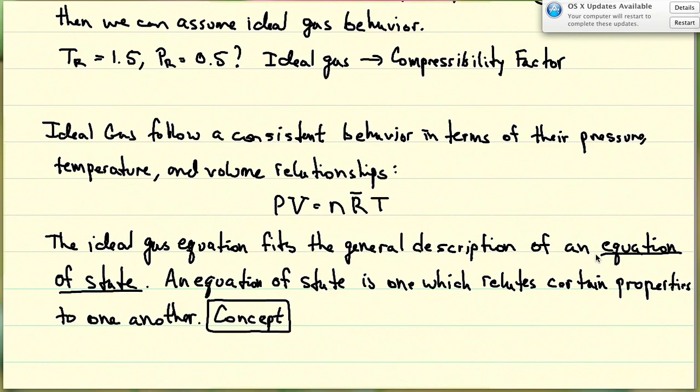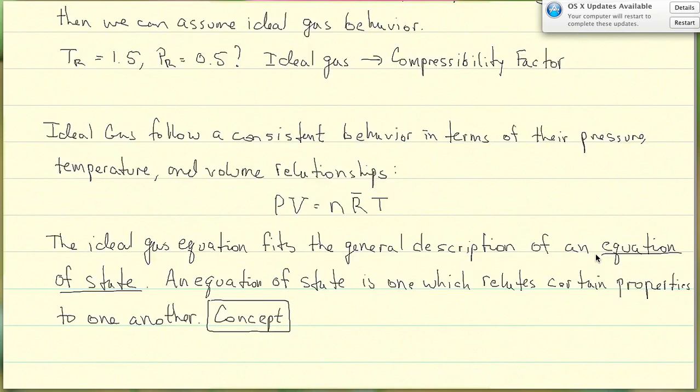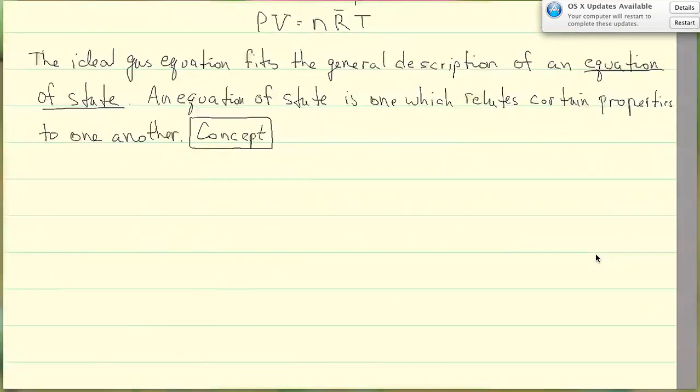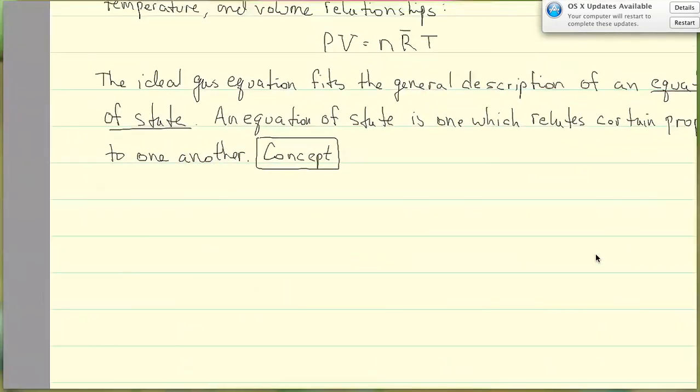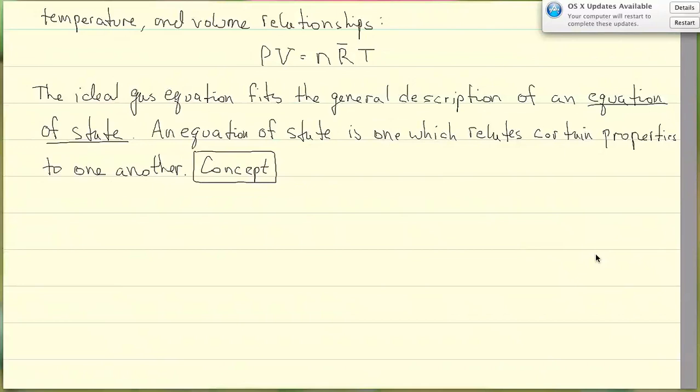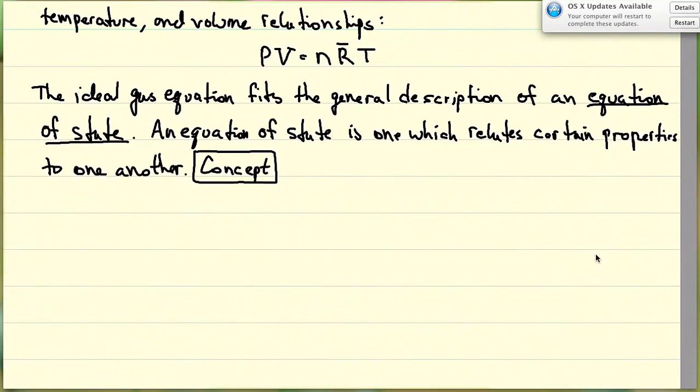So the ideal gas is what we call an equation of state. That's an important thing for us, and we'll use that. We'll use, of course, the ideal gas equation of state pretty consistently throughout the semester. There are several other equations of state that exist, things like the van der Waals equation and several other things. And they're described in your textbook.